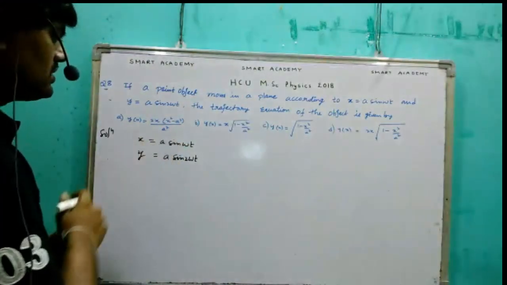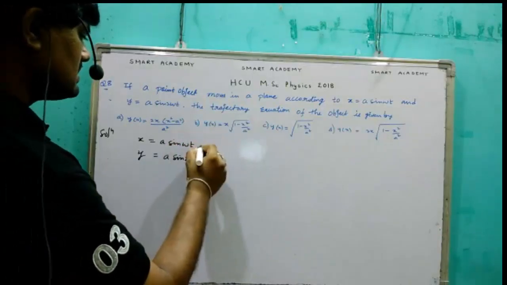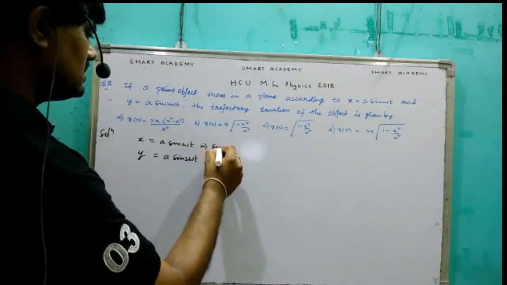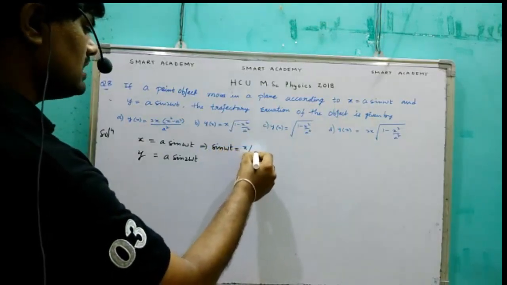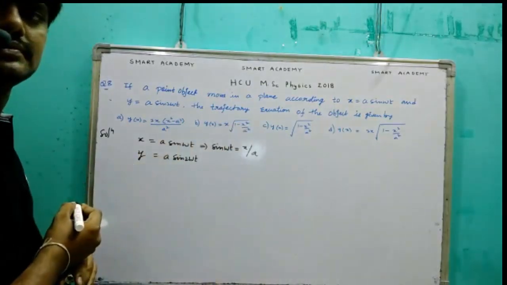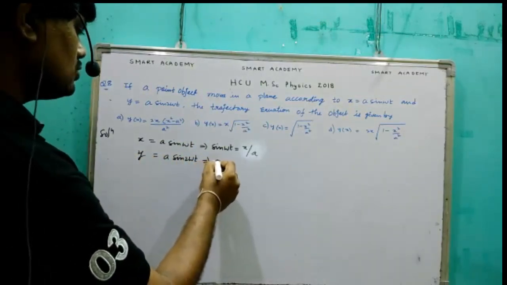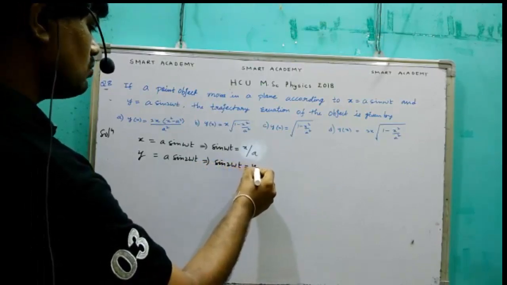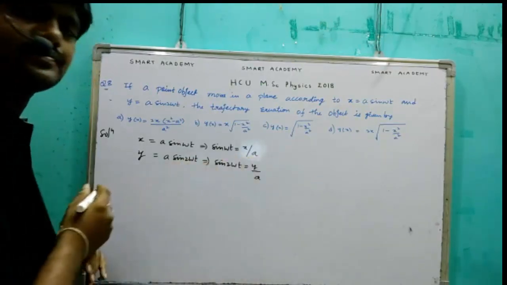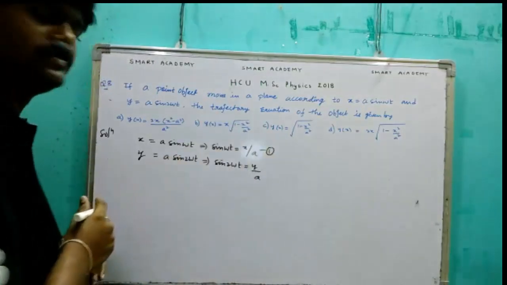From these two equations, we find sin omega t equal to x by a, and sin 2 omega t equal to y by a. Let it be equation 1.